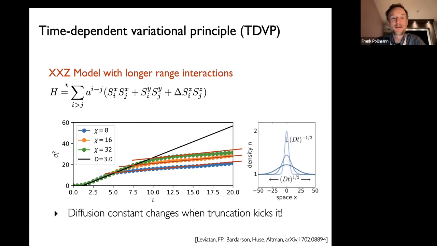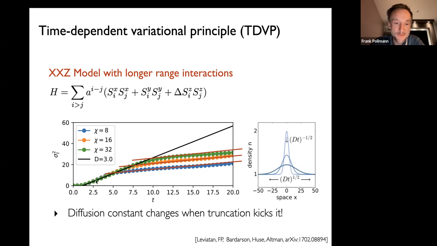If we take, for example, an XXZ model with longer range interaction, so we have this exponentially decaying interaction in this model, this is in a way a generic non-integrable model, and we can play exactly this game. We just create a wave packet and let it spread over the system. And now what we see is that at short times we just see a diffusive behavior. So the sigma squared grows linearly as a function of time.